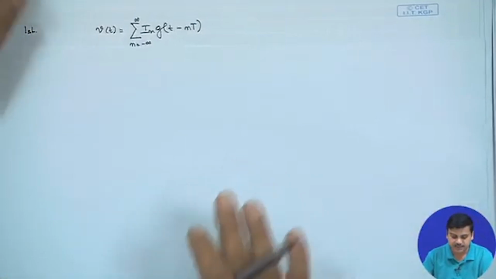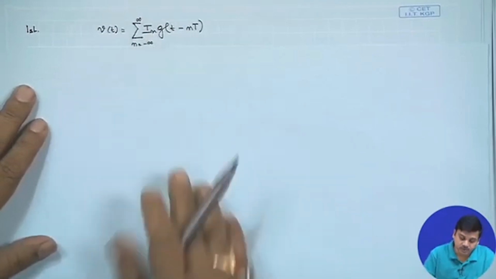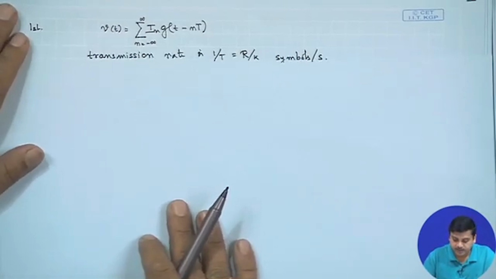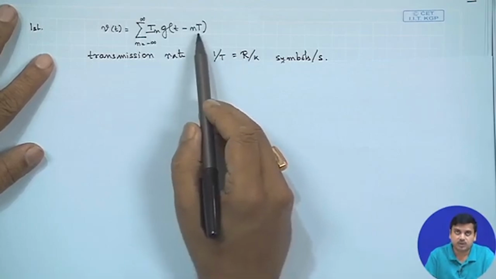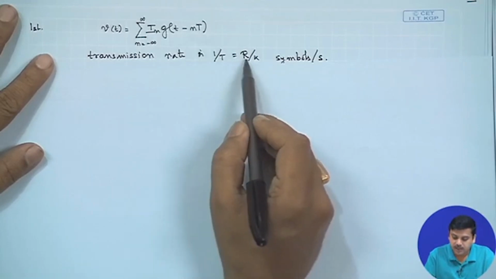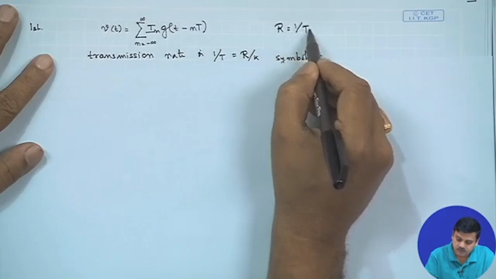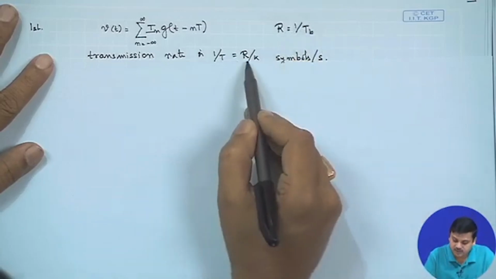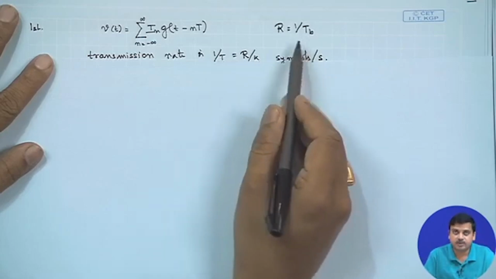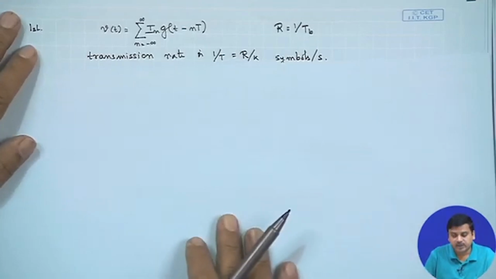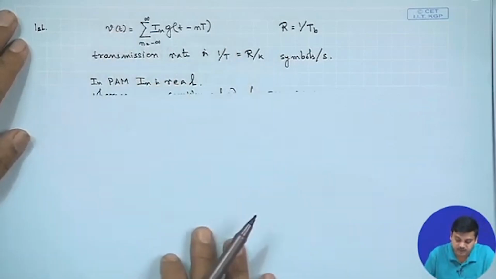As it appears, this is kind of a pulse amplitude modulation, and the information rate is of course 1 upon T, where T is the symbol duration, which is also the notation used here, and this is R by k, where R is equal to 1 upon T_b. That means this is equal to 1 by k multiplied by T_b, so T is equal to k multiplied by T_b. All these notations we are used to, this is not new to us. That is why I am proceeding in the form of already prior written expressions.